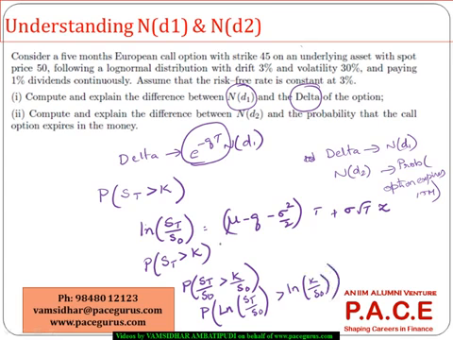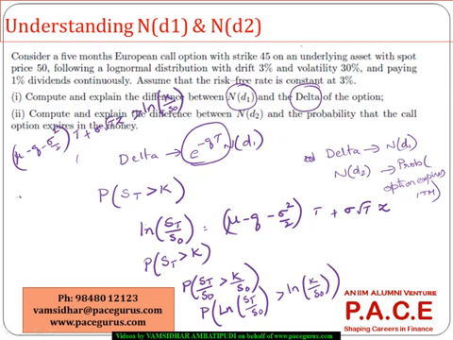Fair enough. Substituting log ST by S0 directly, (mu minus q minus sigma squared by 2) times T plus sigma root T times Z is greater than log K by S0.